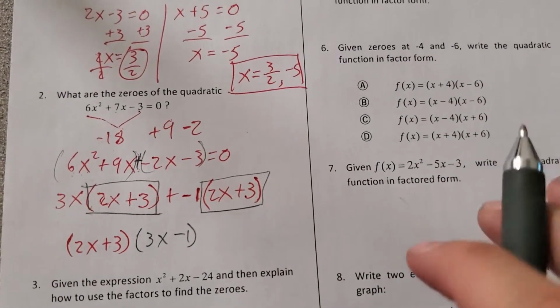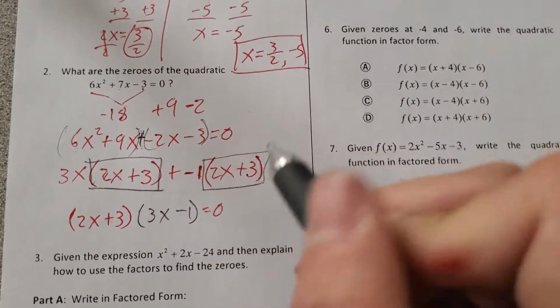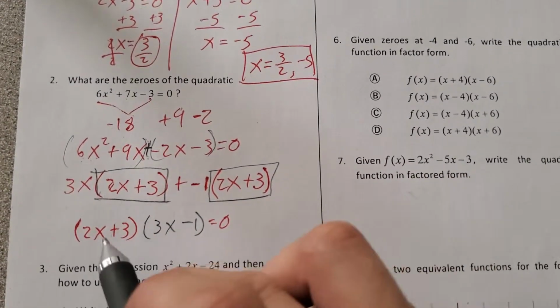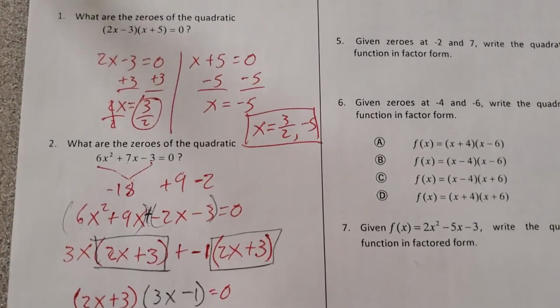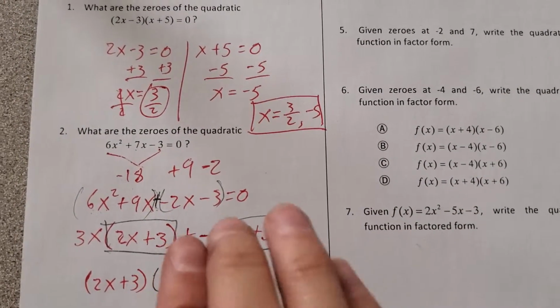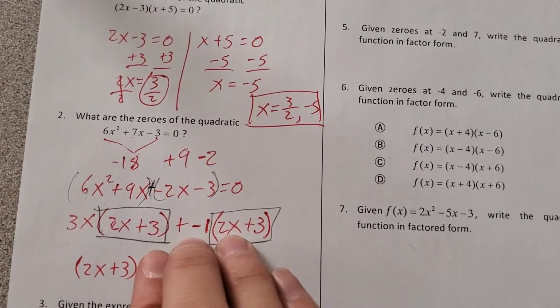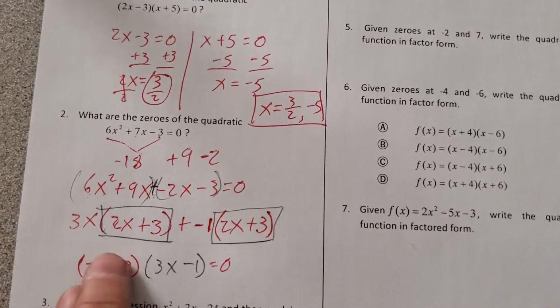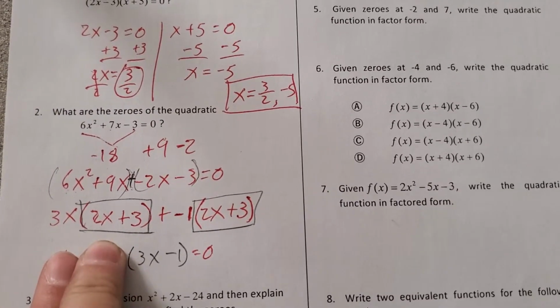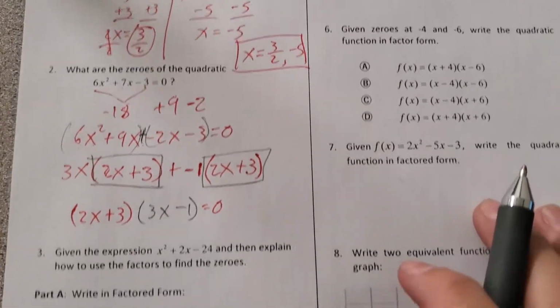Factor form. Alright, you have it in factor form. It's all set. Now you have your factors. You can do the exact same thing that I did on the first one. Find the zeros: take the 2x plus 3, set it equal to 0, solve for x. Then take the 3x minus 1, set it equal to 0, solve for x. And that's how you find your zeros for number 2.